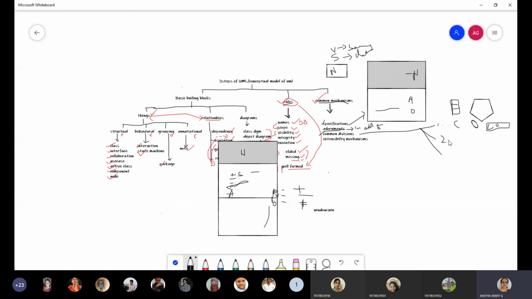The second division is between interface and implementation. How can I draw this diagram? Interfaces are the circle representations, and implementation means it can be related to any component or any class.